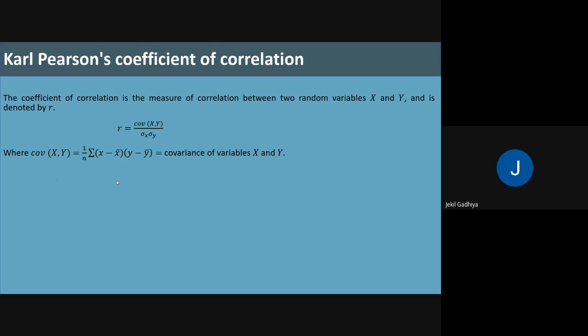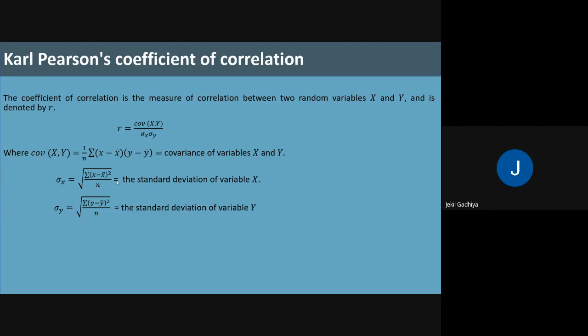The standard deviation with respect to x is the square root of summation of (x minus x bar) whole square over n, and sigma y is equal to the square root of summation of (y minus y bar) whole square over n, the standard deviation of variable y.